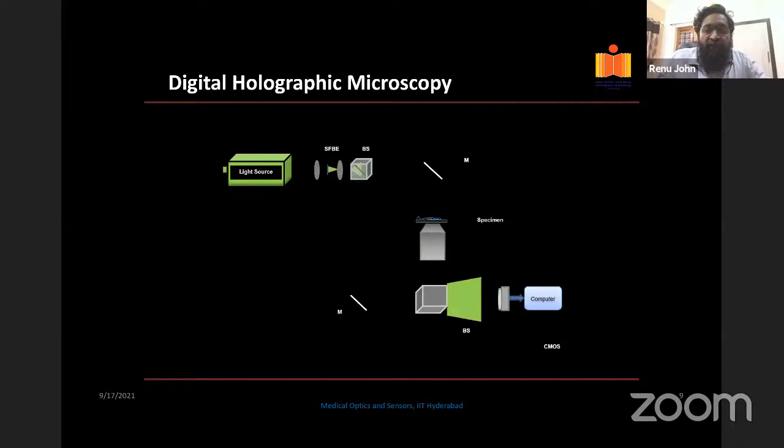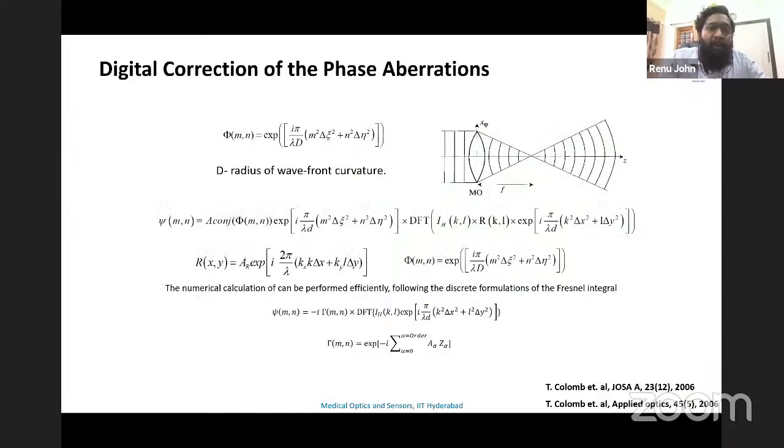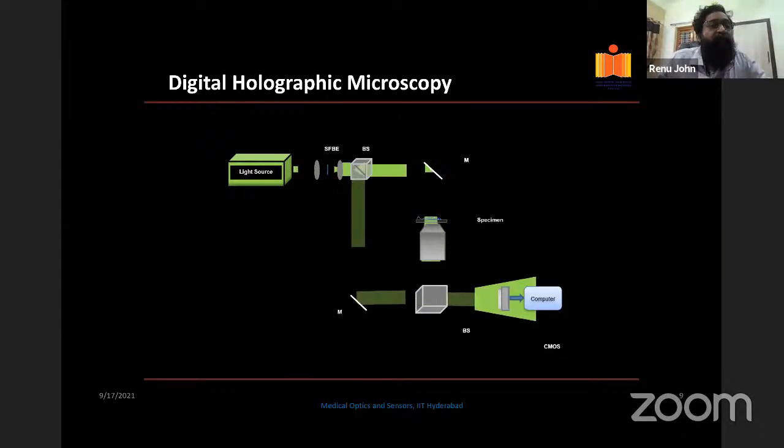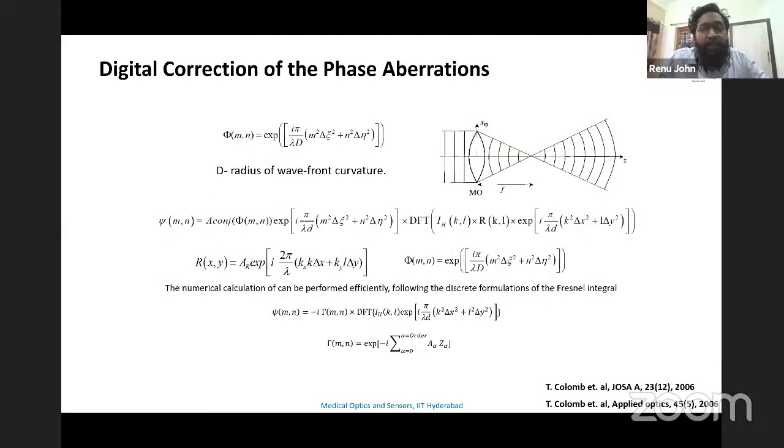So the beauty of digital holography is that you have the waveform on your computer, and if you know that you're recording a beam with some amount of wavefront curvature or some aberrations, you can actually code that into your reconstruction. You can code a phase term depending on what aberrations you have, and a conjugate of that phase term can be multiplied with the reconstruction so that you can nullify the phase aberrations present in the system.